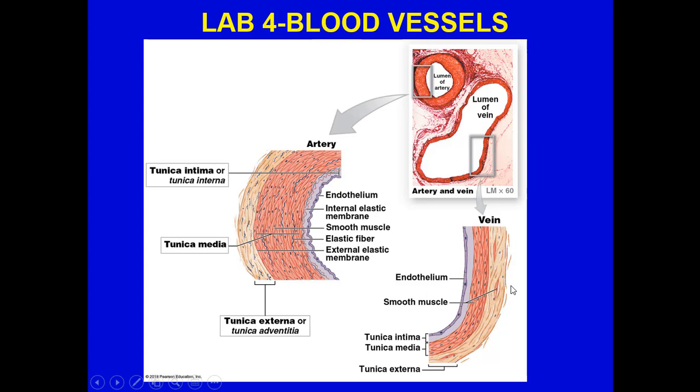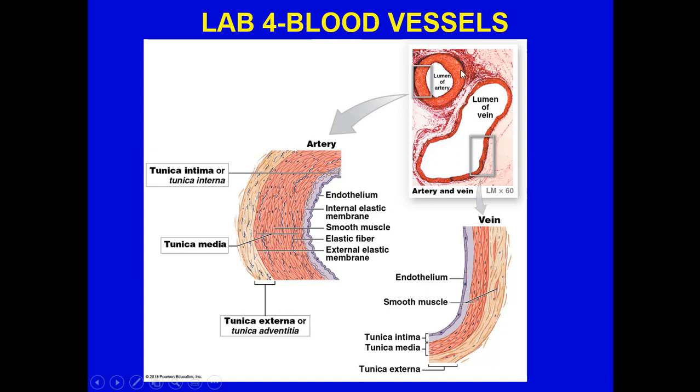What you find as a major difference is the thickness, thereby the amount of tunica media smooth muscle. It's a lot more in the artery, and a lot less in the vein. The other thing that you will find is the lumen. The lumen is much larger, and that's why veins usually hold what is called the blood reservoir.